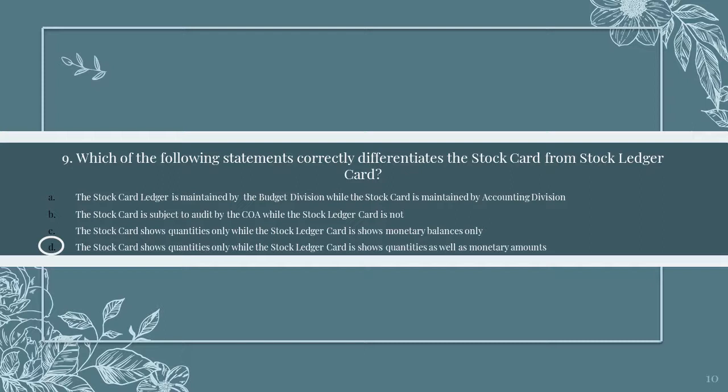That is a false statement because the stock ledger card is what should be audited by the COA, since that is handled by the accounting division. And letter C, the stock card shows quantities only while the stock ledger card shows monetary balances only. That is also a false statement because the stock ledger card also shows the quantities, not just monetary balances. So that's why letter D is the correct answer.